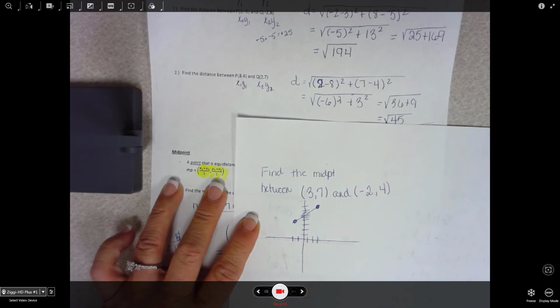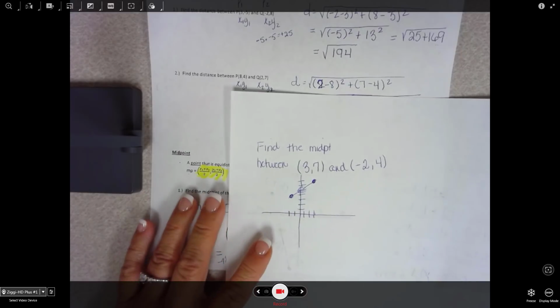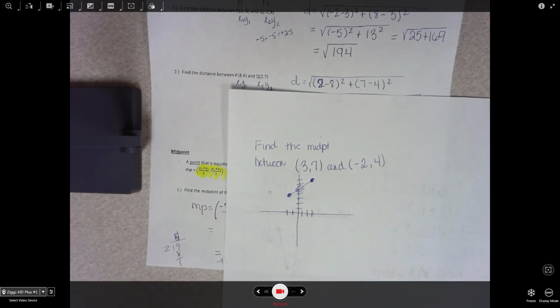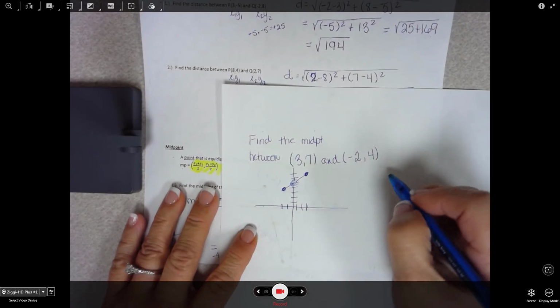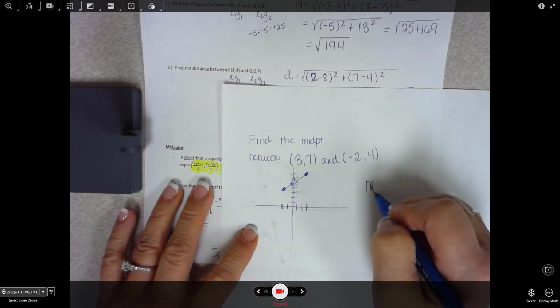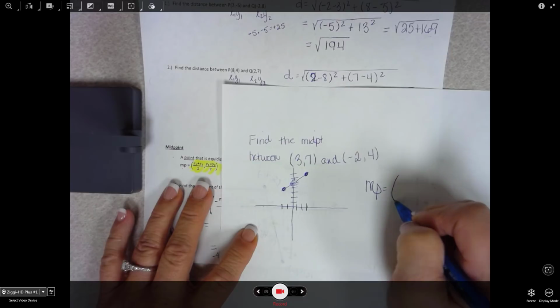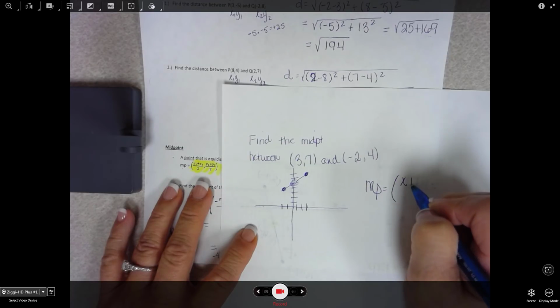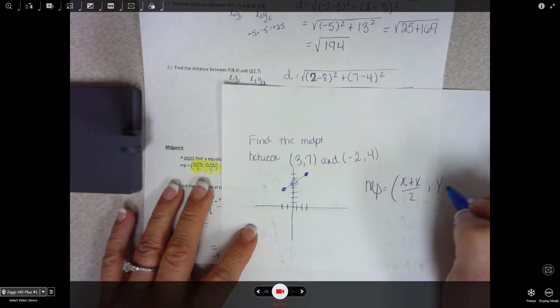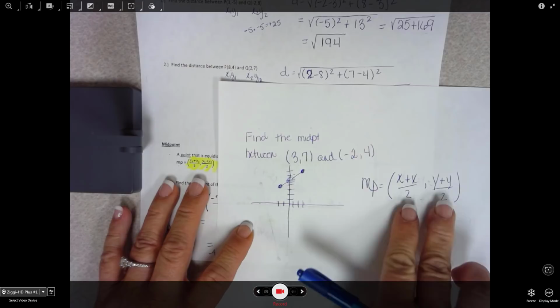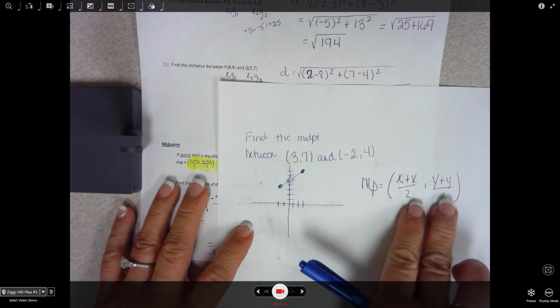Not sure what that'll be. And you can't eyeball it because there's so many variables, especially when I'm hand drawing it, isn't it? So let's find the midpoint. I know that the midpoint, I add up my x's, divide by 2, comma, add my y's, divide by 2, because I'm getting a new point, the point in the middle.